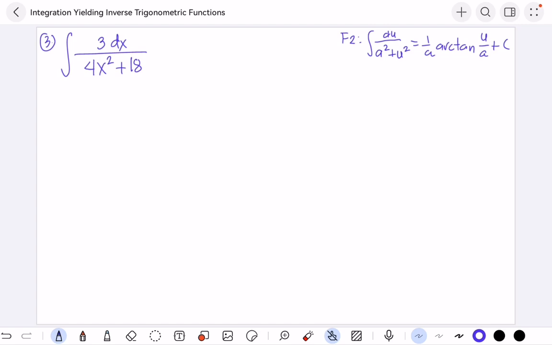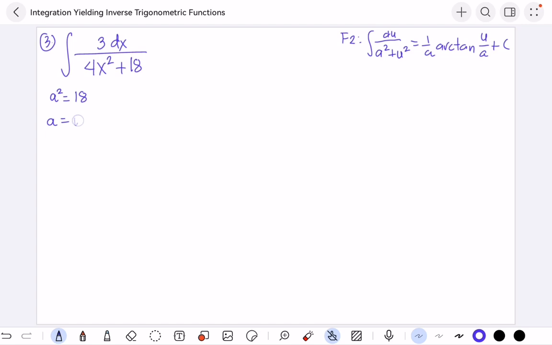Now, let us see what we can do here. First, what is your a square? Take note that addition is commutative, so we can rewrite the denominator as 18 plus 4x squared. So your a square must be the constant 18. Again, a is constant, u is a function. So what is our a?